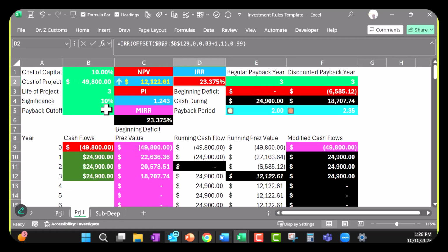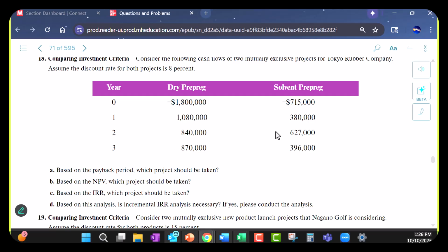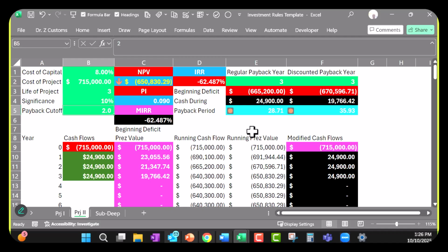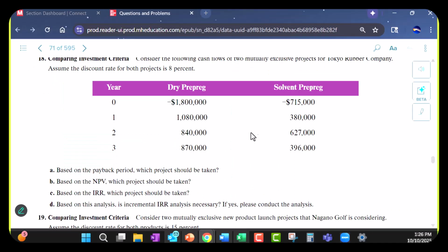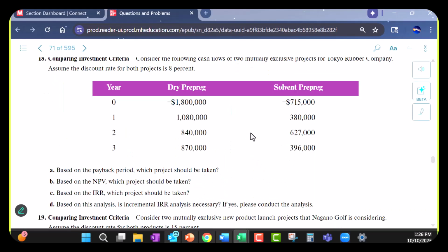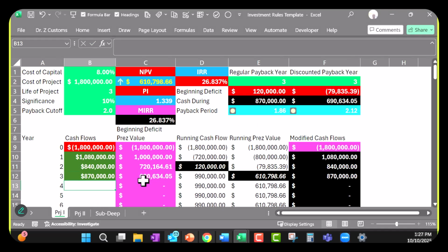Let's do the same thing for project 2. 715. $380. $6. Okay. Let's actually make payback calculations.